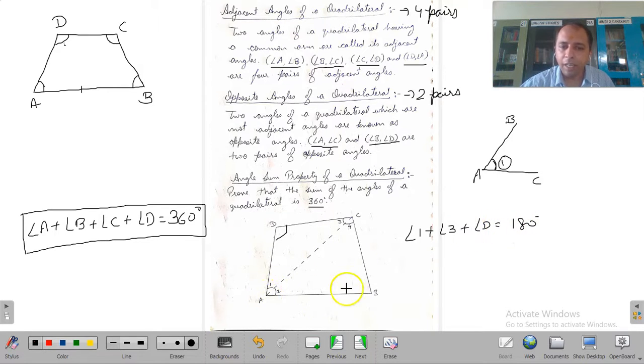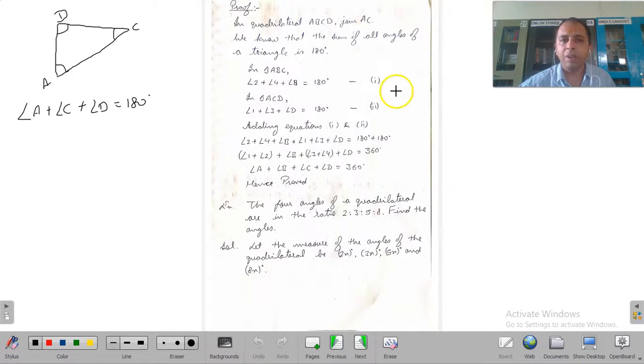Similarly, in triangle ABC, we have angle 2, angle 4 and angle B. So I can write down that angle 2 plus angle 4 plus angle B is equal to 180 degrees, by the angle sum property of a triangle. Same I have written here: in triangle ABC, angle 2 plus 4 plus B equals 180. This I have marked as equation 1. And in triangle ACD, angle 1 plus 3 plus D equals 180 degrees. This I have marked as equation 2.